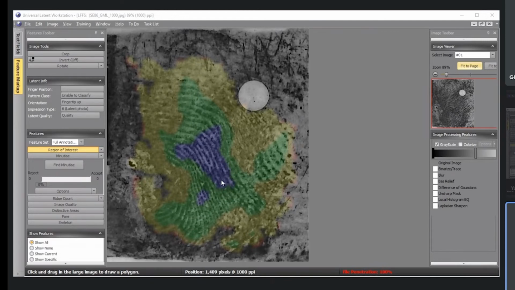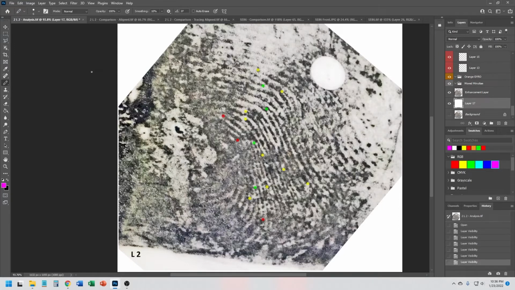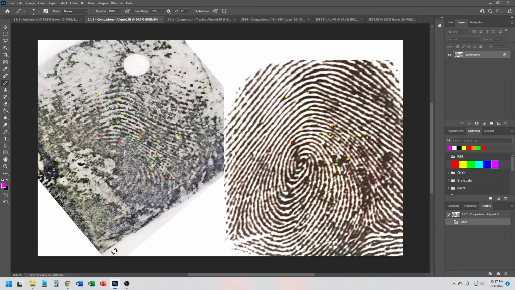All right. So here's the latent that I originally got, and now I want to show you the known that I originally got. In this one, the short ridge is a little more difficult to see.